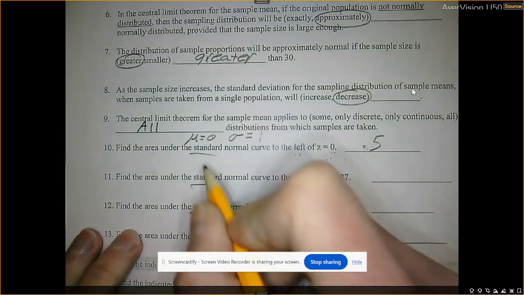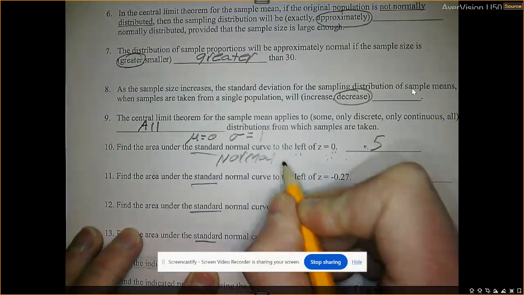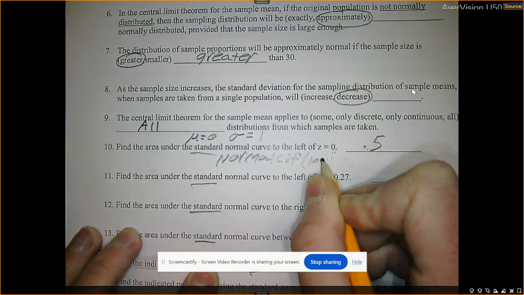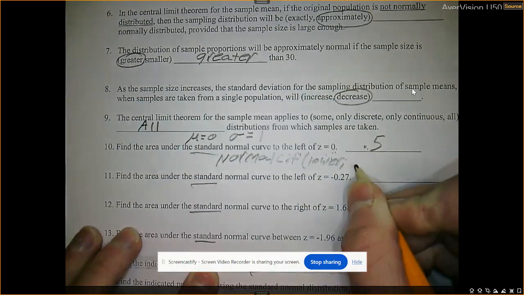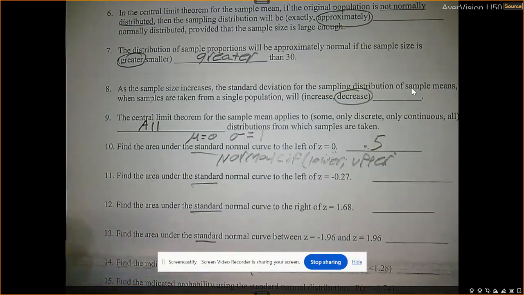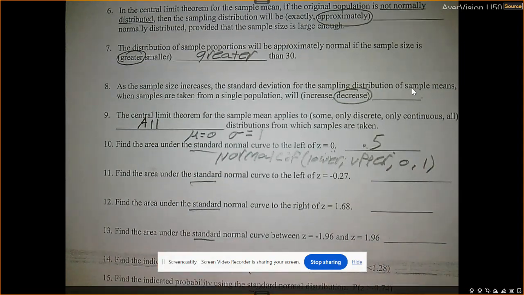So really, for all of these, I'm just going to the normal CDF function. Okay, normal CDF function, and I just have to do lower bound, upper bound. Okay, and mu and sigma is always 0 comma 1, which is what your calculator should have defaulted into it.